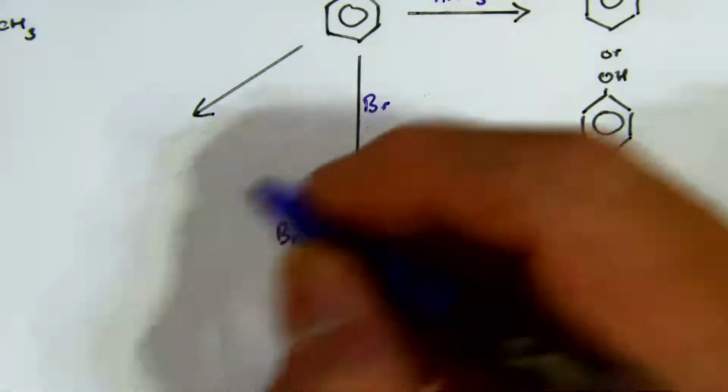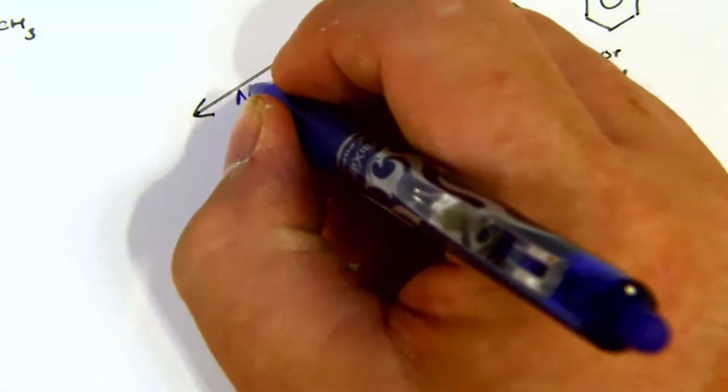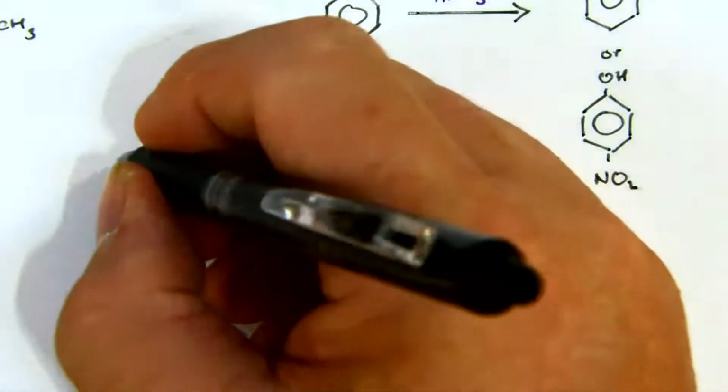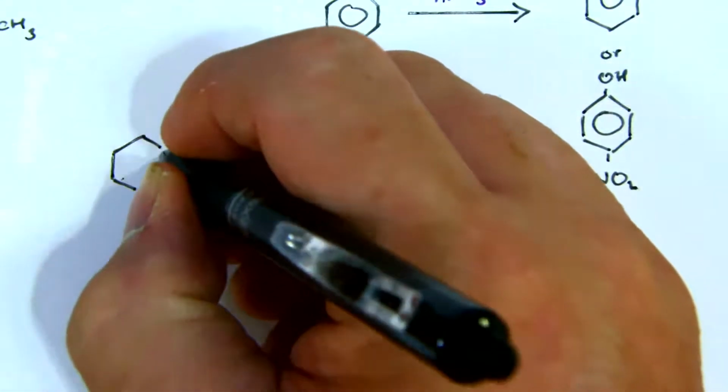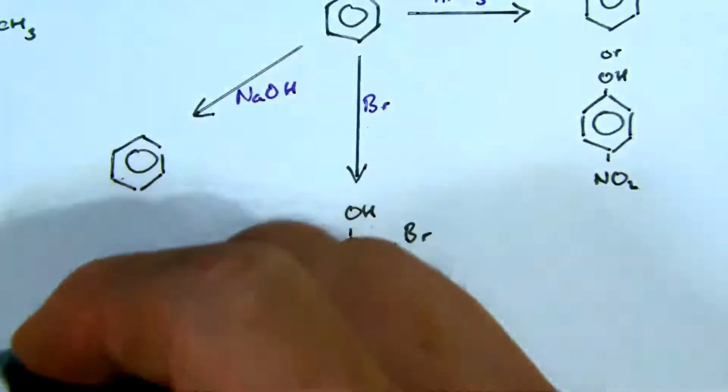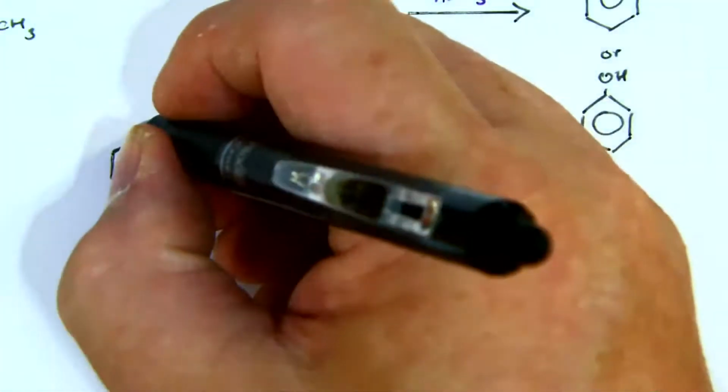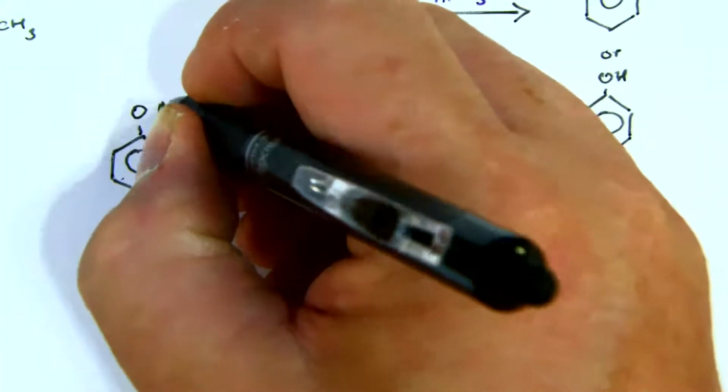If I'm going to do a neutralization, I would add sodium hydroxide, and this is going to get me something which is pretty then horrible, which is this ONa.